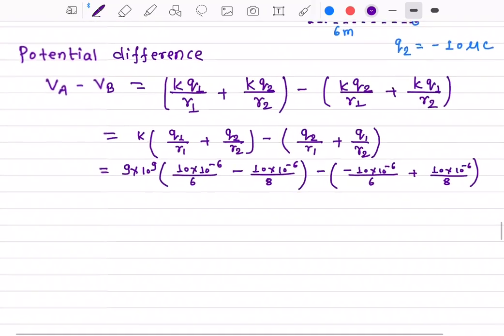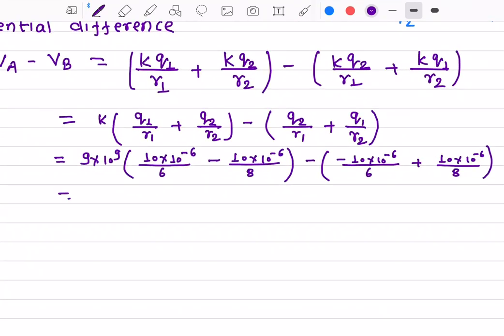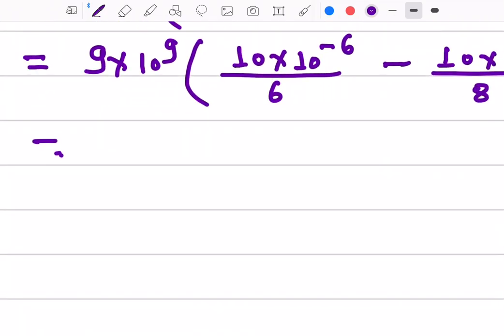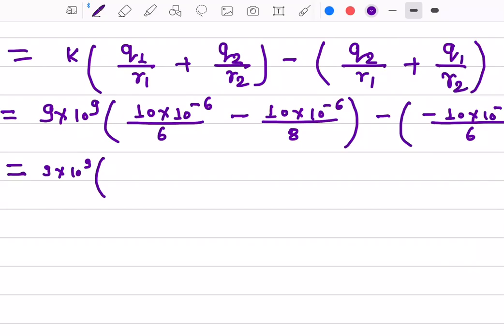So you just need to simplify these all together. But you can simplify further. If you multiply these two terms together, this will be positive, so you can add these two terms together. So this will be 9 times 10 to the 9, and as I can add these two terms, what I will get is 2 times 10 times 10 to the negative 6 divided by 6.